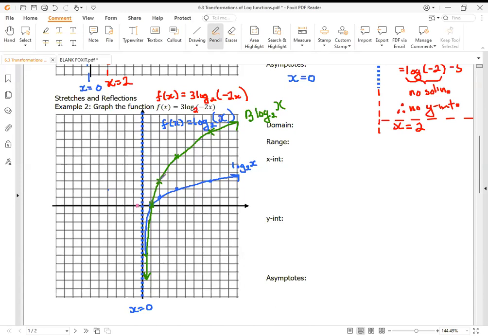What used to be 2 will be negative 1. What used to be 4 will be negative 2. What used to be 8 will be negative 4. Long story short, let's see, 1, 2, 3, 4, 5, 6, 7, 8. Something like here.